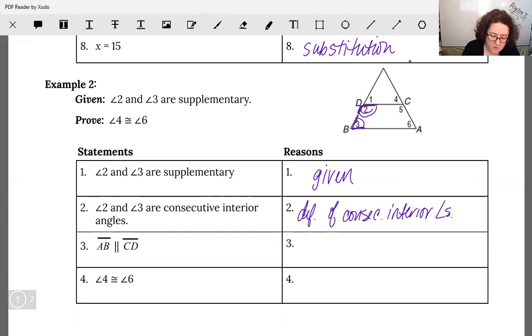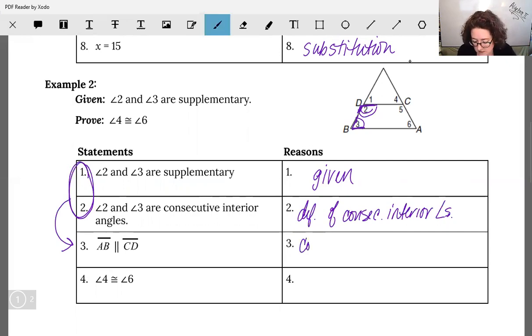But now when I put these two things together, I have angles that are consecutive interior angles. We were given that they are supplementary. So if consecutive interior angles are supplementary, then that means that our lines are parallel. That's our converse that we looked at a couple lessons ago.